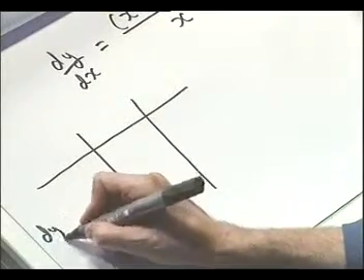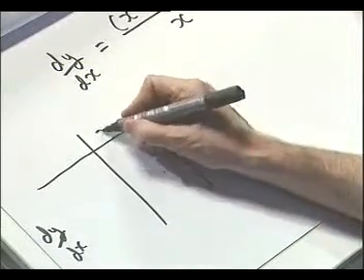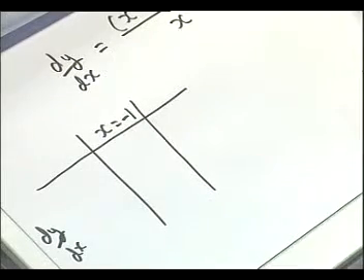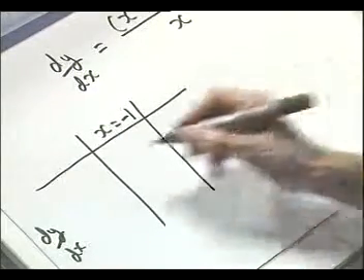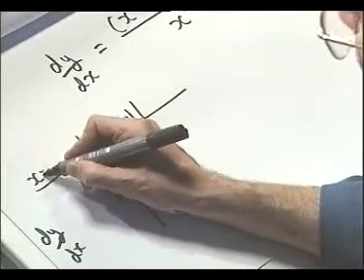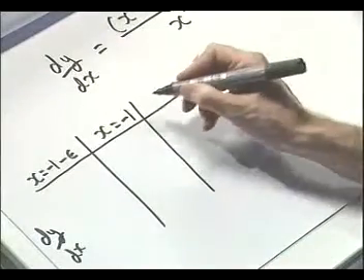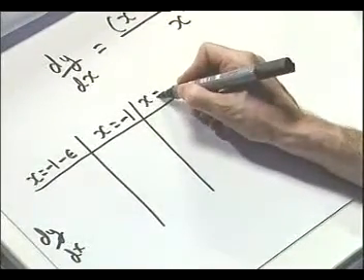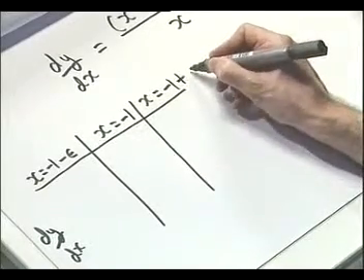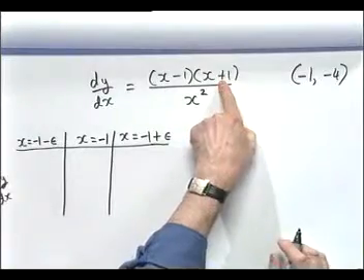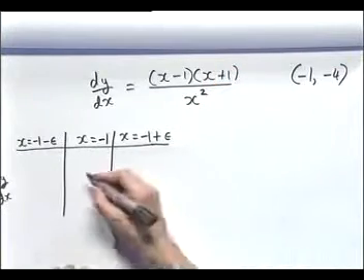We're looking at the sign of dy by dx, at the point x equals -1 as we pass through that point as x increases. So we want to know what's happening a little bit before that, -1 minus epsilon, and a little bit after that, -1 plus epsilon. Well, we know that when x is -1, dy by dx is 0, because this factor here is 0.